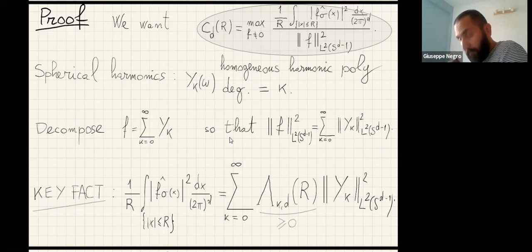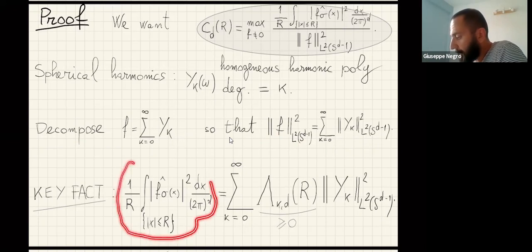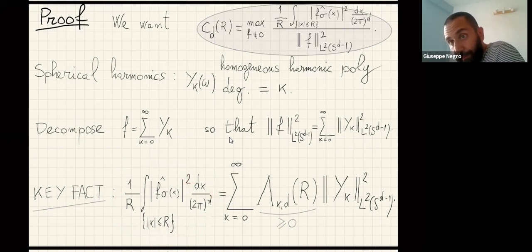And what's more, since this object here is an L2 object, this also decomposes. And this is the reason why we can really say everything about this problem, because it's an orthogonal problem.